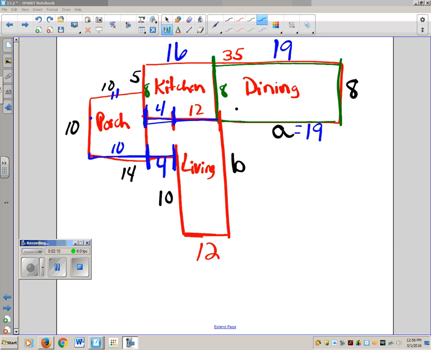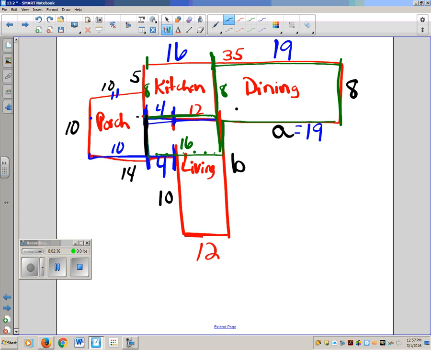Okay, I'm going to break up the living room into 2 different parts. So I'm going to use this rectangle, the green, right there. The bottom of the rectangle has to be 16, because this is 16 and that's 16. What I need to find is how tall it is.